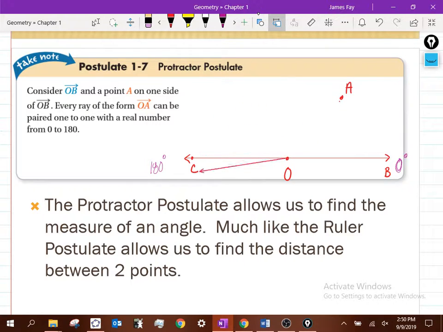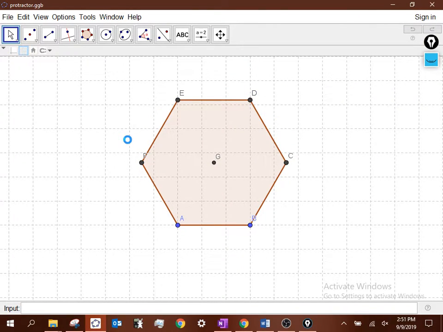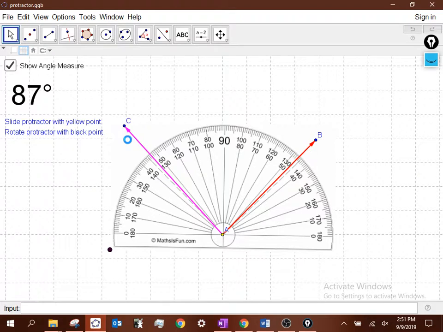Do we get a half circle? Okay, if I were able to keep that distance the same. It looks like a half circle. Does it look like that? We've got a protractor here, right?